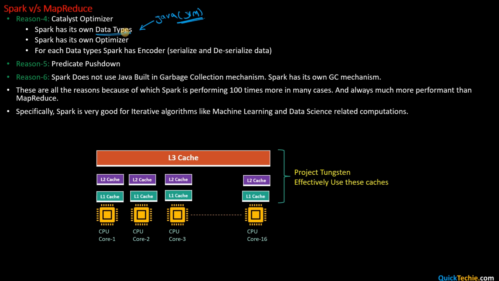It does not use the plain data types that Java provides. You write your integer class in Scala, but internally Spark converts it into the format it needs, its own data type. Spark has its own optimizer, and that is all part of the Catalyst Optimizer. For each data type, Spark has an encoder. The encoder serializes and deserializes the data. That is your SerDe, basically.